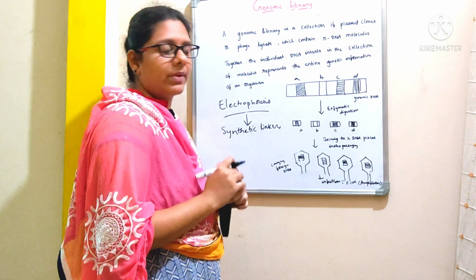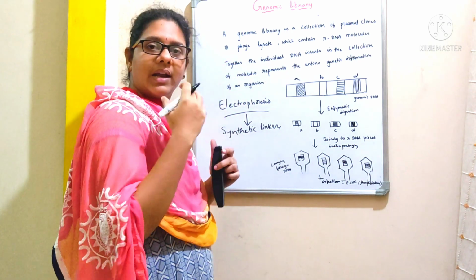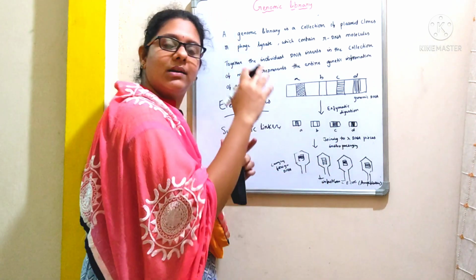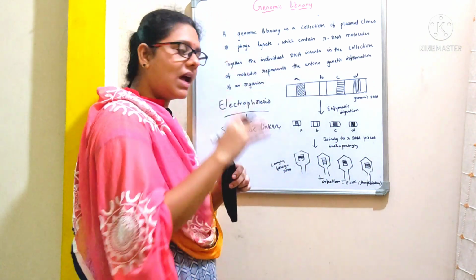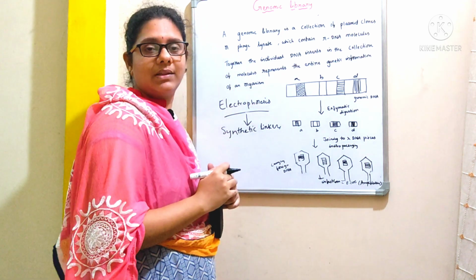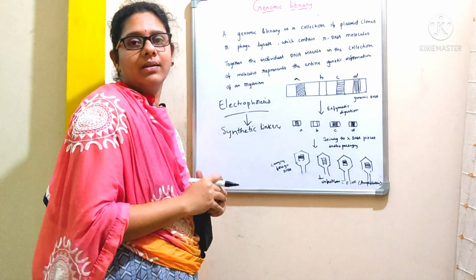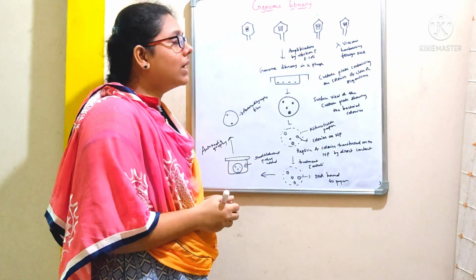Suppose I want to identify a particular gene and I don't know which phage is carrying that gene. For that reason, I go with screening methods and use certain hybridization methods in order to detect the gene of interest. Now let us see how to screen for the gene of interest. Look at the picture carefully.